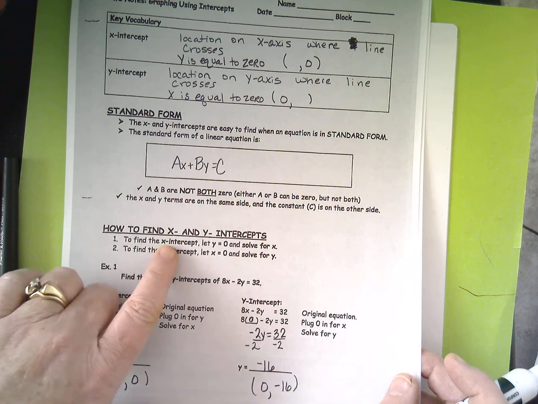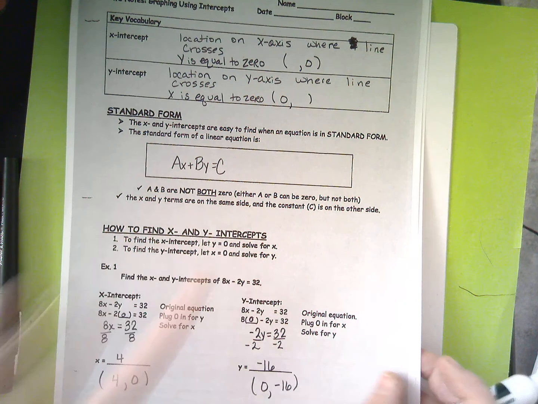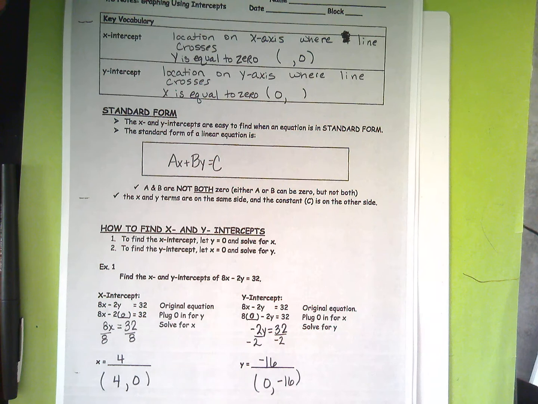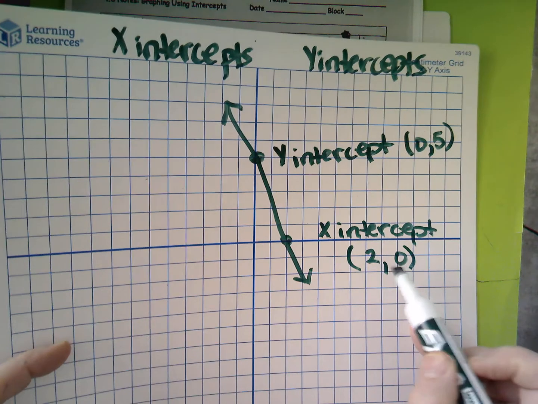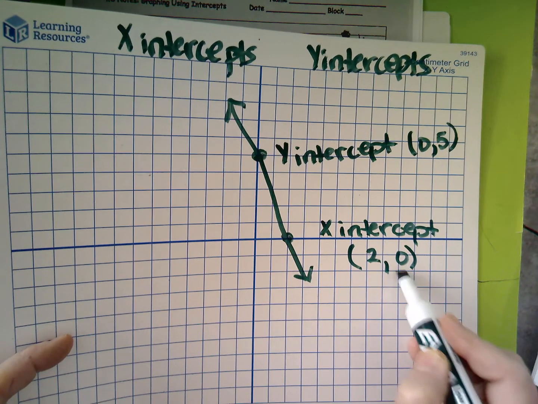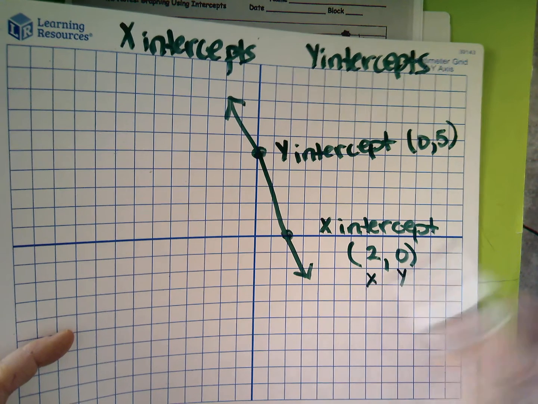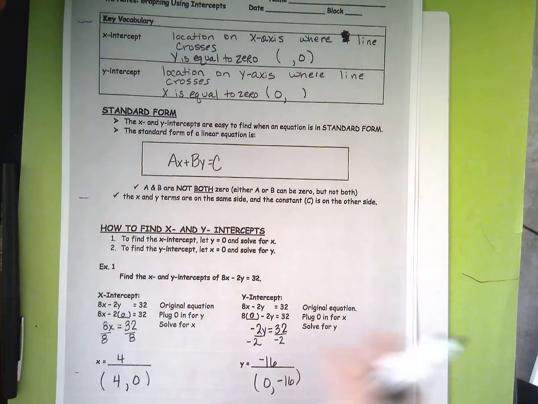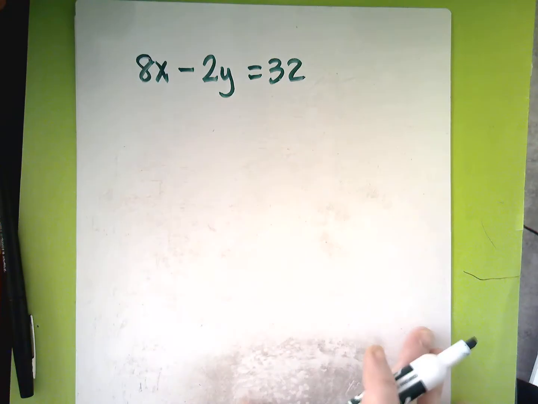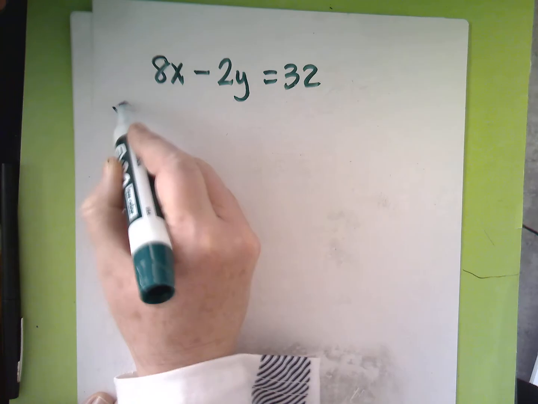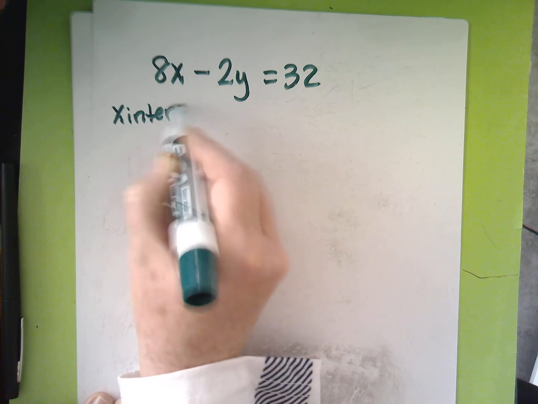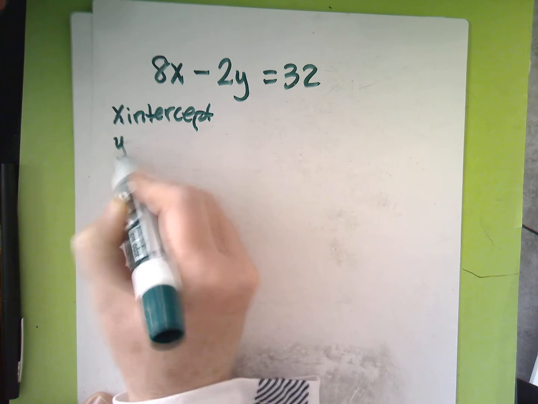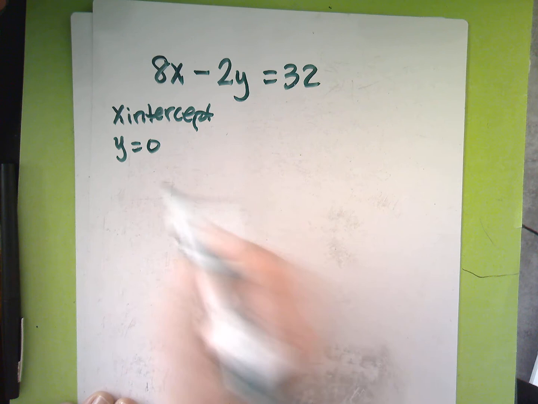To find the x-intercept, you let y be 0. Remember, on the x-intercept, the y value was 0. So what they want us to do is to plug in zero for y.